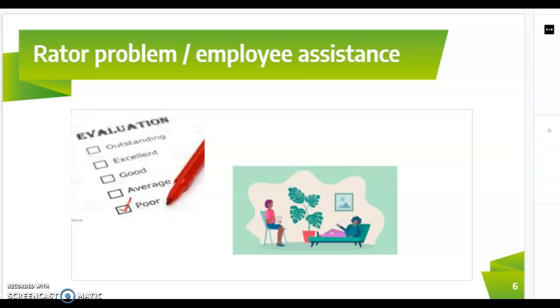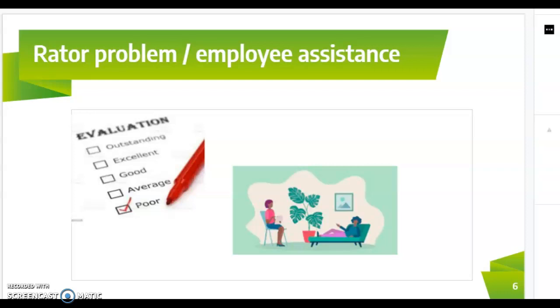Rater problem and employee assistance. Let's focus on rater problem. A person who's grading them on an objective, and not trying to figure out what as a whole they are good at. For example, let's say you had your best friend Johnny and you're like, "Okay, Johnny, you're doing good." Well, you're picking favorites. You're saying Johnny's the best, but that's not true.